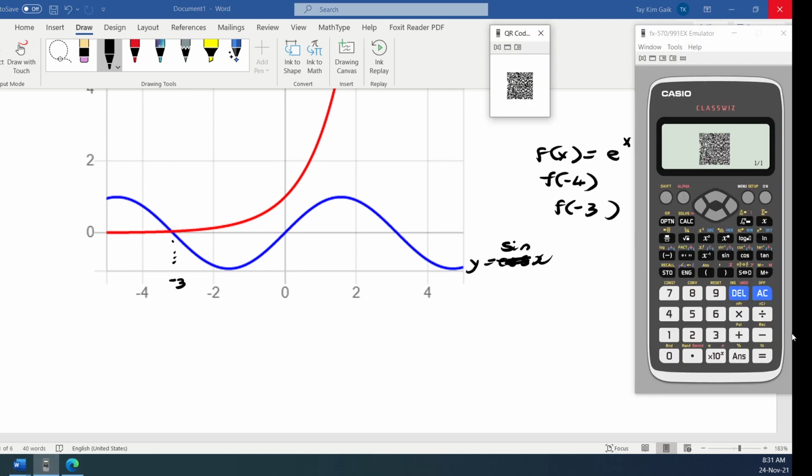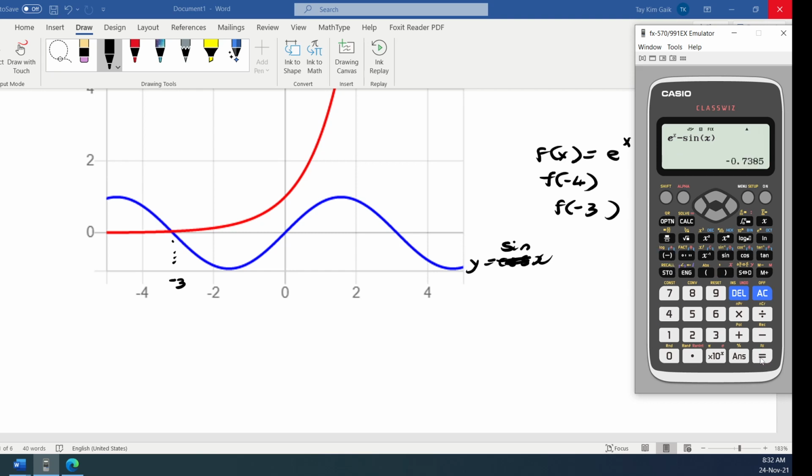So we go back to the normal menu and input the function back. Put your function e^x minus sin x, and calculate for x is -4.